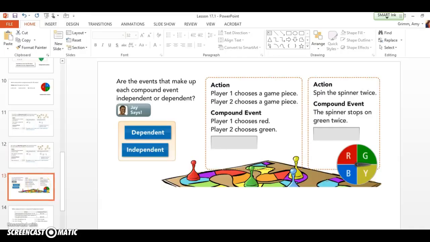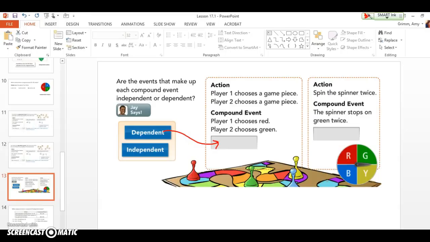All right, so player 1 chooses a game piece and then player 2 chooses a game piece. So compounding that, player 1 chooses red and then another one chooses green. Is that independent or dependent? Kale, why is it dependent? Morgan: Because player 1 chooses red, then red's gone, and so it's green.